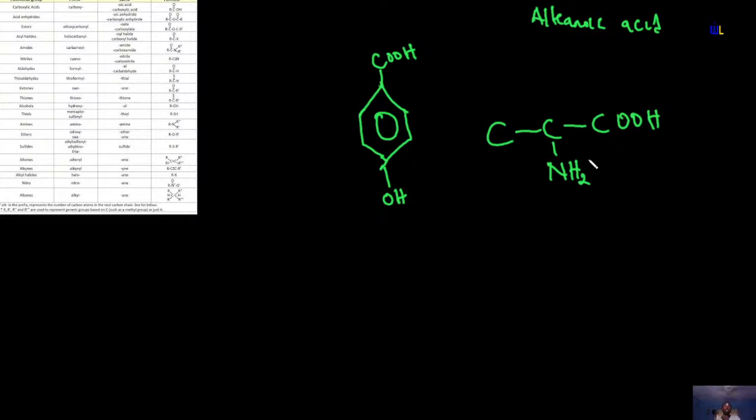That should be the alanine, basically. So if you look at this compound now, what do we think it is? This is an alkanoic acid. It's not an amine. Why? The carboxylic group has higher priority over the amine, so the compound is going to be referred to as an alkanoic acid.